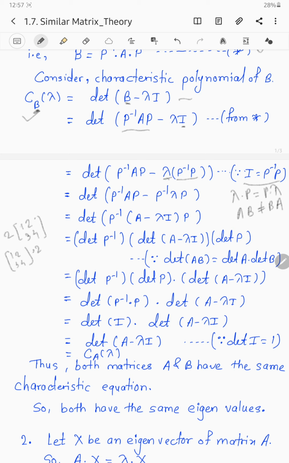So here lambda P inverse is replaced by P inverse into lambda.